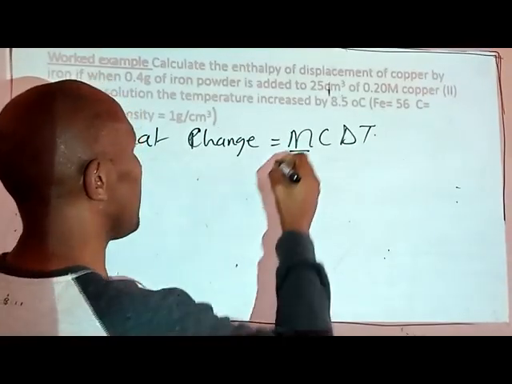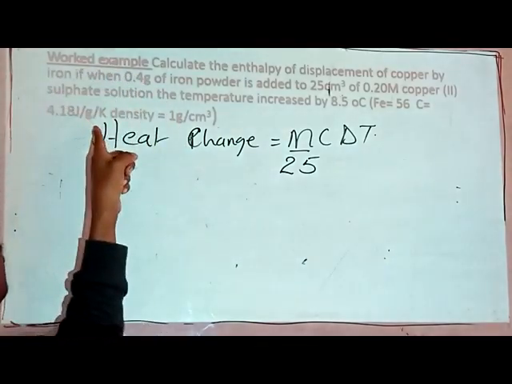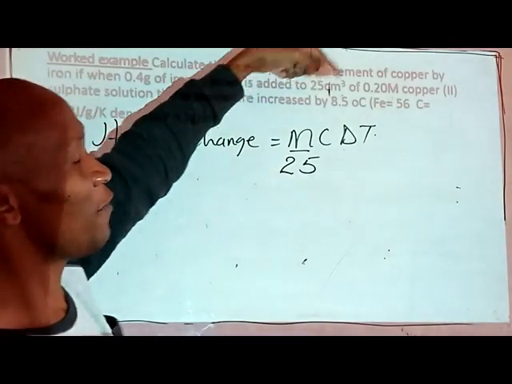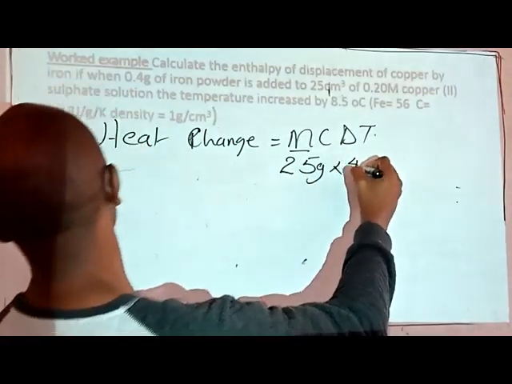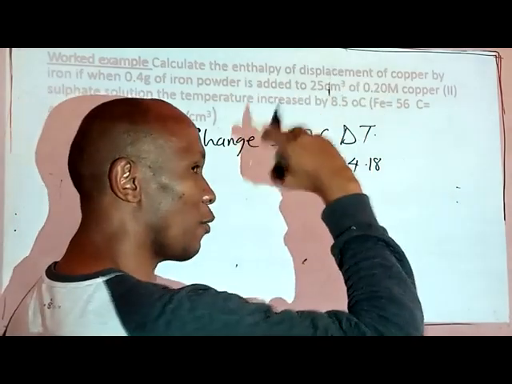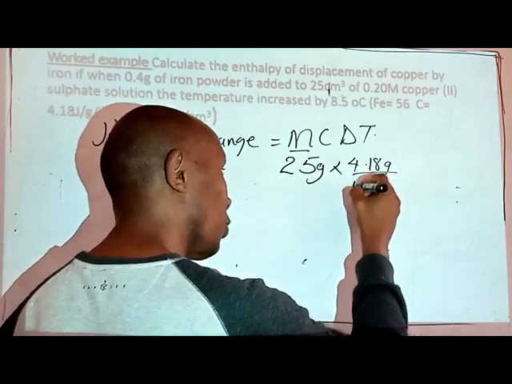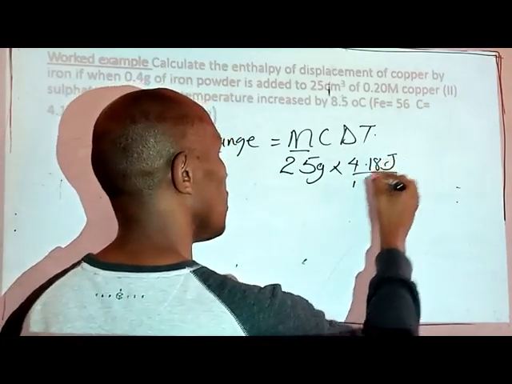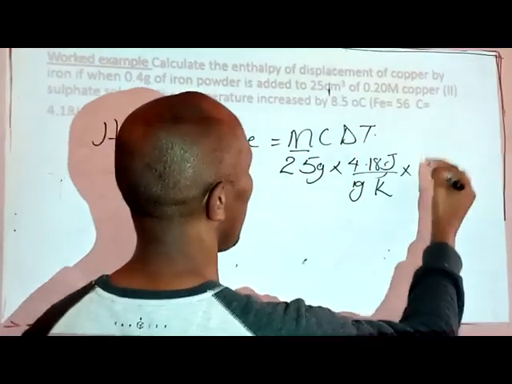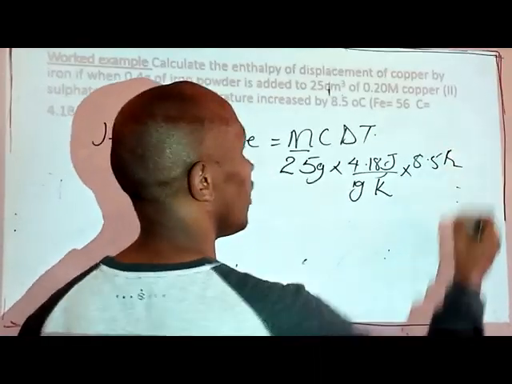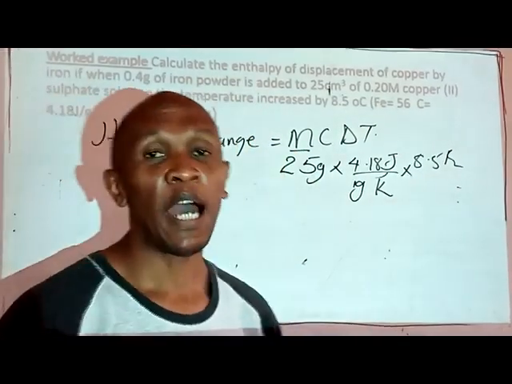So our m value therefore becomes 25. I want to work in grams. So 25 times the density, that gives 25 grams, times the specific heat capacity, which is 4.18. So work with what is given, not what you memorize. These are joules per gram per Kelvin, times the change in temperature, which is 8.5 degrees Celsius, but I said the change in temperature in Kelvin is the same as in degrees Celsius.